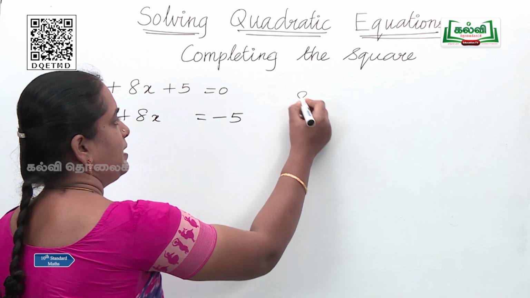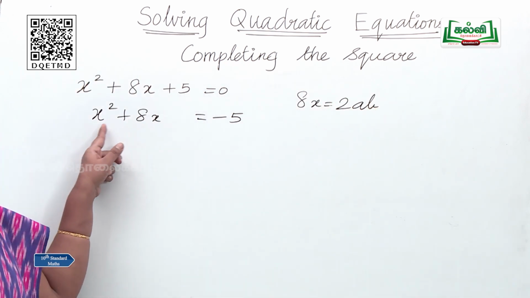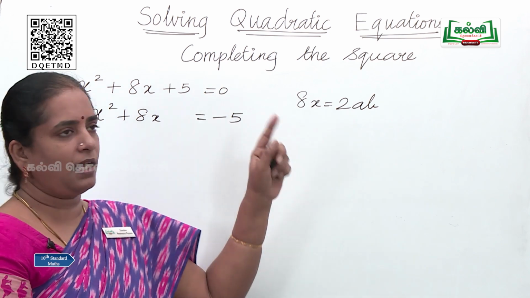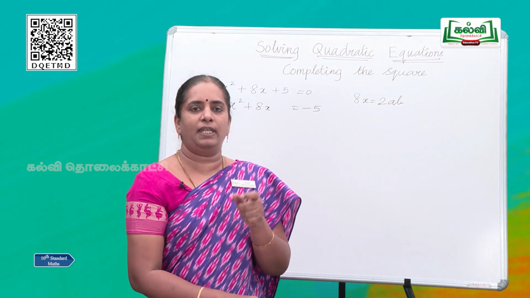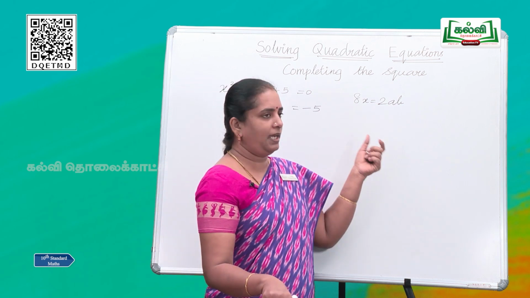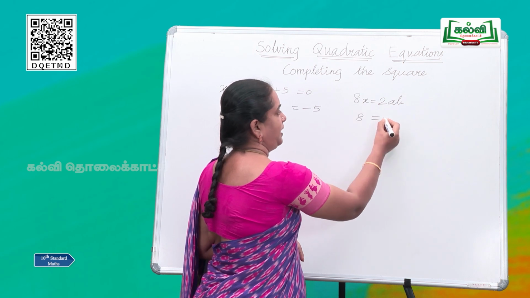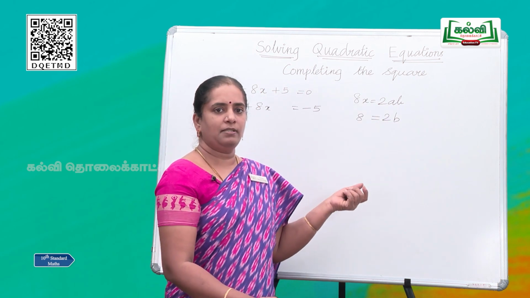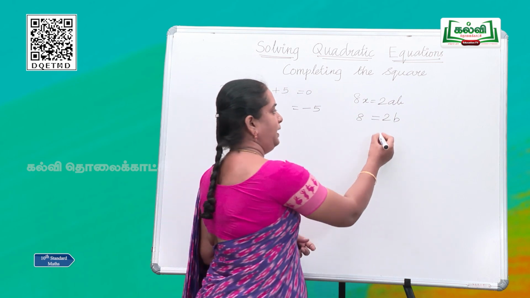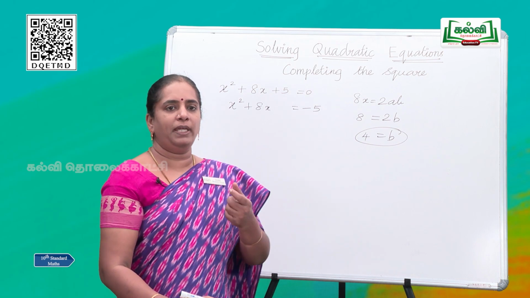We know that a is replaced with x, so we can cancel a and x, and the coefficient of x, which is 8, is called 2b. So, b is 8 by 2, so b is 4. We are going to complete the square.